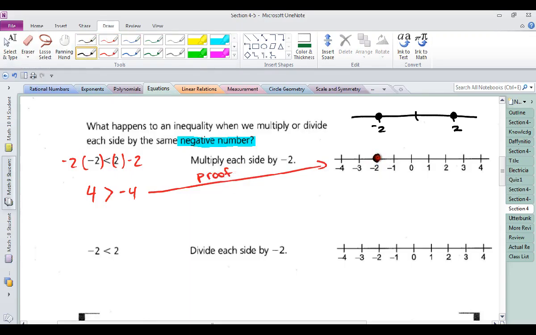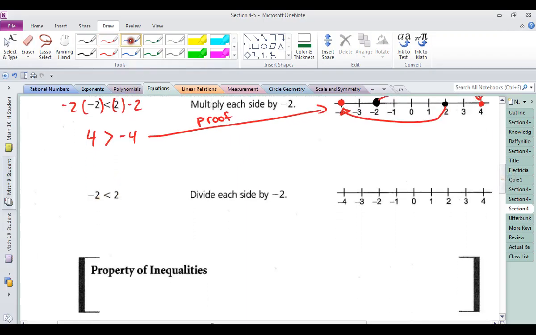Our black dot negative 2 shifted to positive 4, didn't it? And our black dot positive 2 shifted to negative 4, which means the sign flipped. Everybody got it?